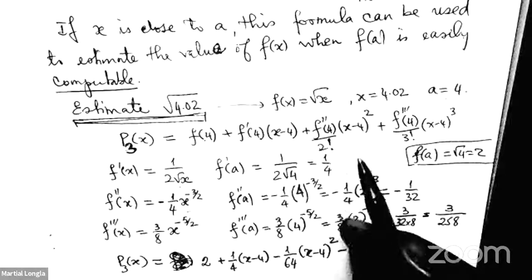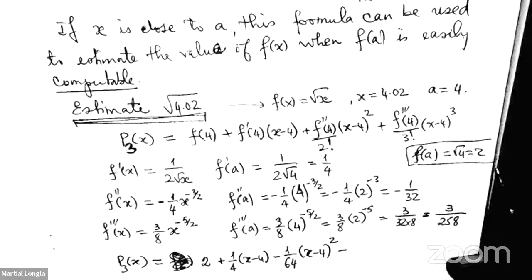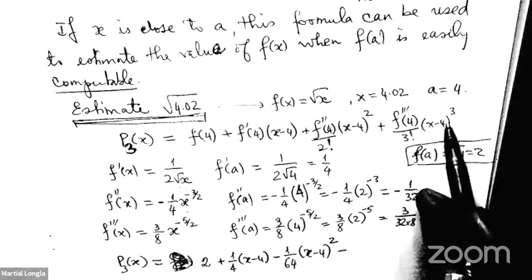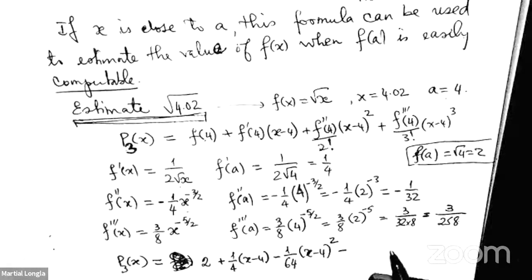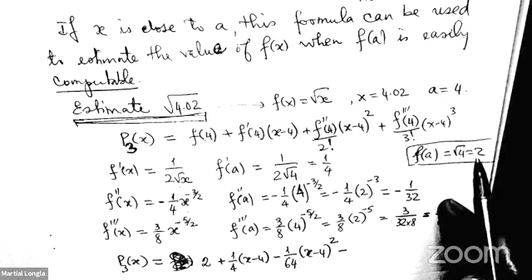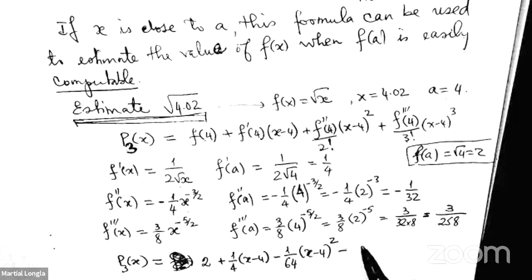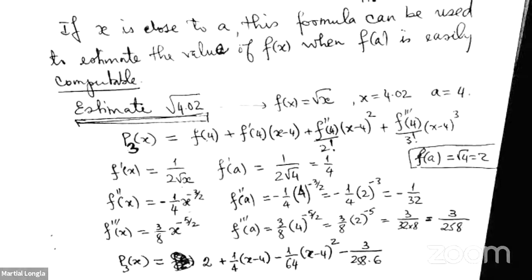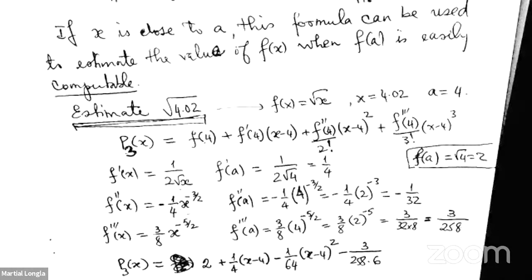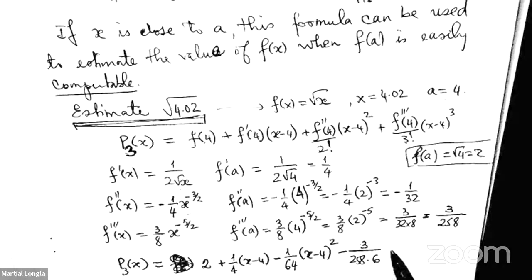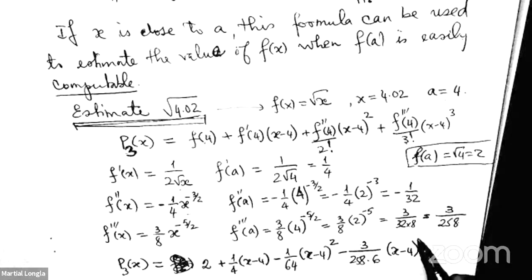plus, and then third derivative, it's 3 over 256. So that's 3 over 256 divided by factorial 3, which is 6. So that's 3 over 256 times 6, which is factorial 3, times x minus 4 cubed.